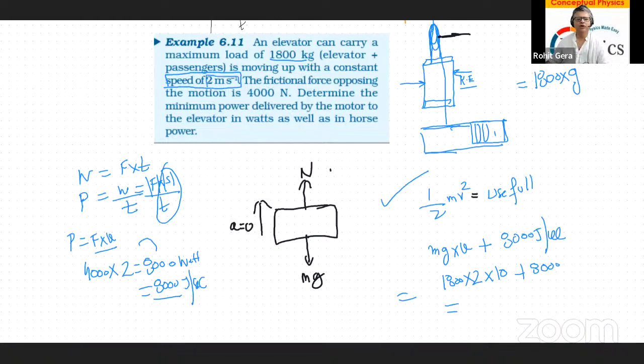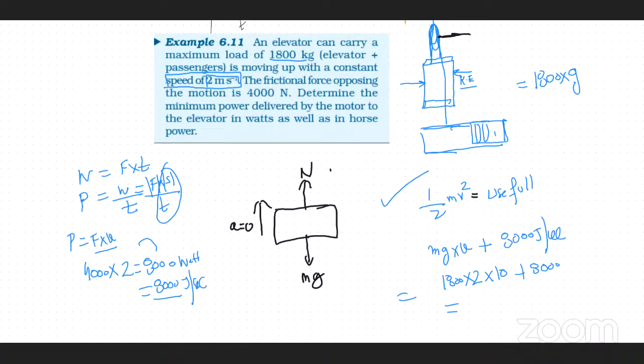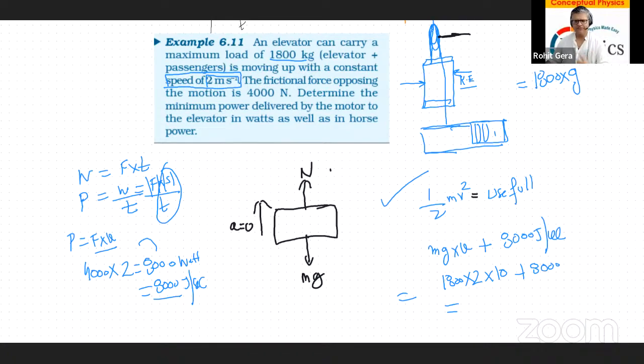V will go down. But if you say 2 पे compromise नहीं करूँगा मैं, लोग आधे घंटे के बाद ऊपर पहुँचेंगे फिर, अगर speed कम हो गई तो. Very importantly. Got it? So the delivery of work is to overcome dissipative part, and delivery of work is also for the useful part.